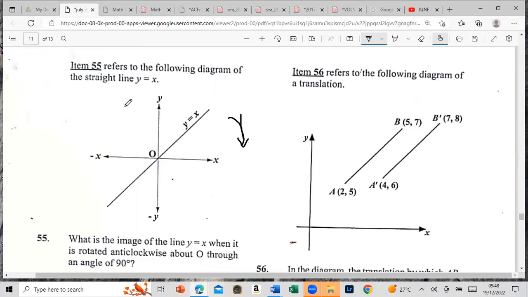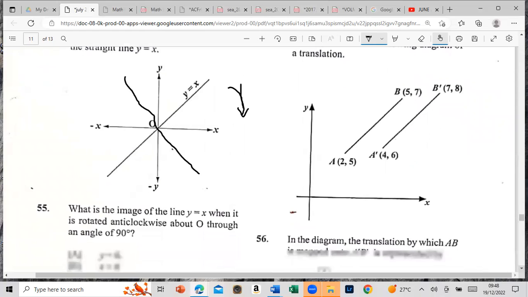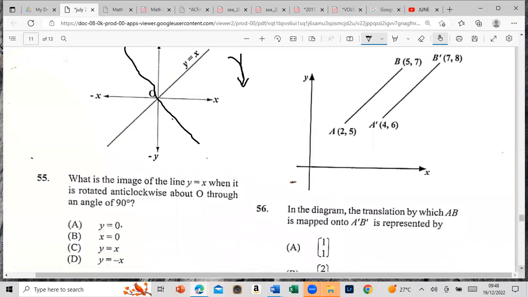So that means it's going to be something like this. It rotates clockwise about the origin. So that would be y equals negative x.